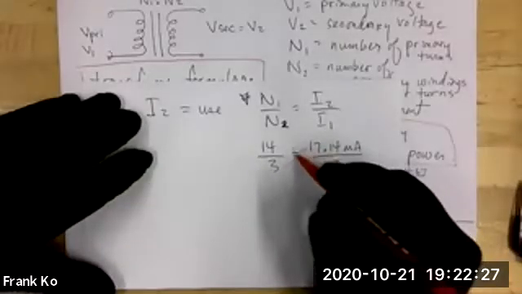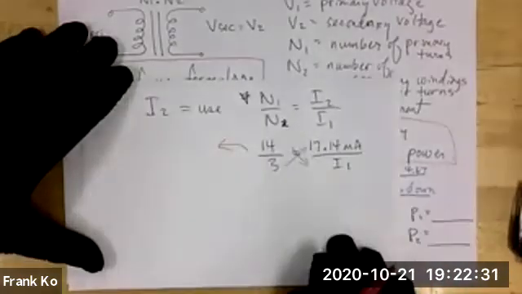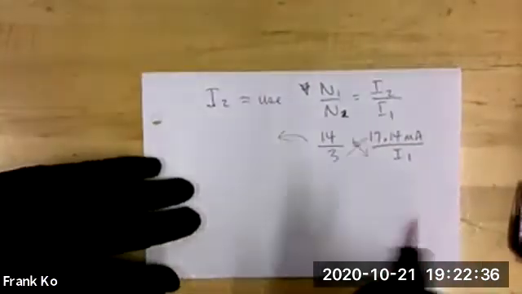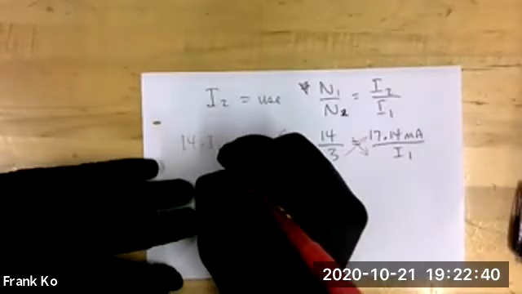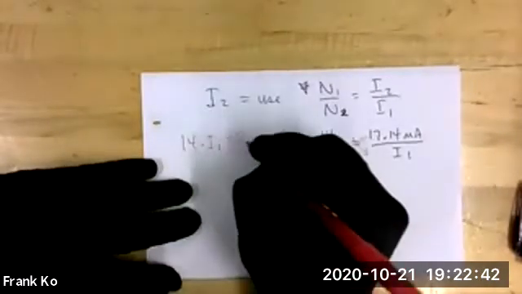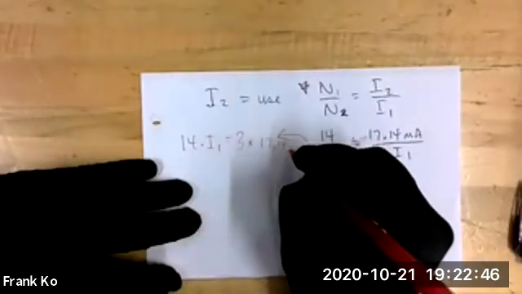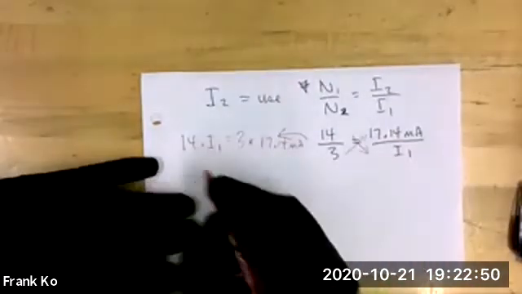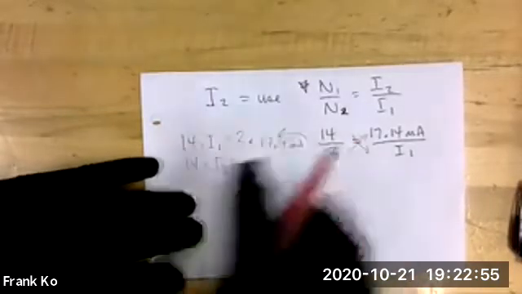The method was to do what? Cross multiply again. So when we cross multiply, we're going to have 14 times I1 equal to 3 times my 17.14 milliamps.